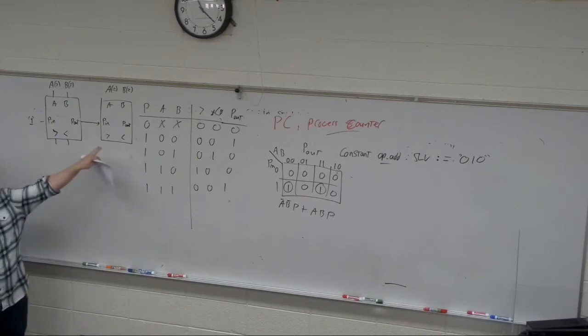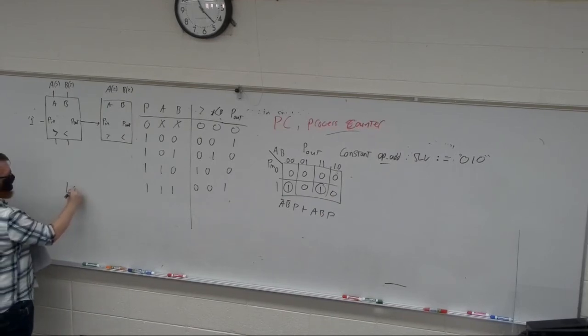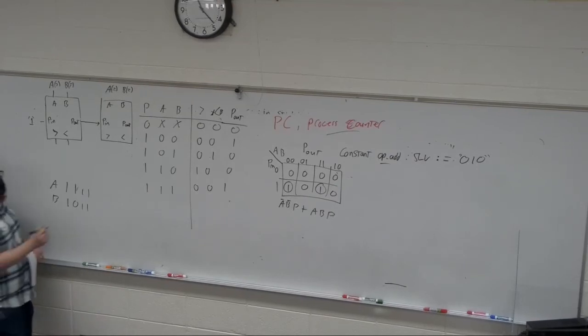But this means now I have 1, 2, 3, 4 different greater than or less than signals. I need to combine those for one decision. What is the right gate to make that combination work? So say that I have these two numbers, where this is A and this is B. So I have two outputs that I want.